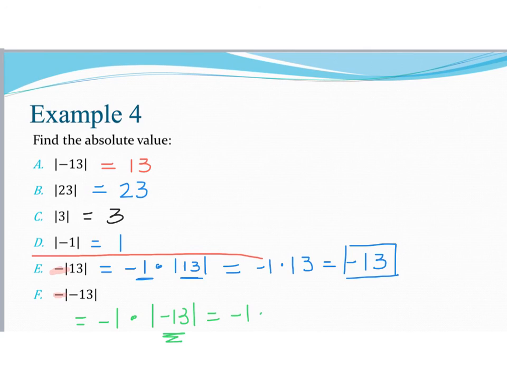How many units away from 0 is a negative 13? Well, that is 13 units away from 0. But then I have to go back and multiply it by this negative 1. Once I multiply it by the negative 1, I still end up with an answer of a negative 13.